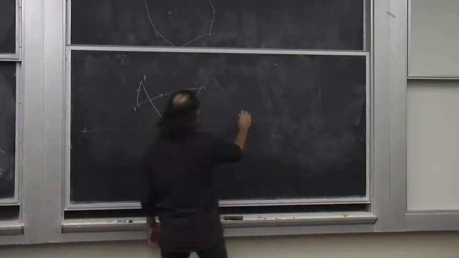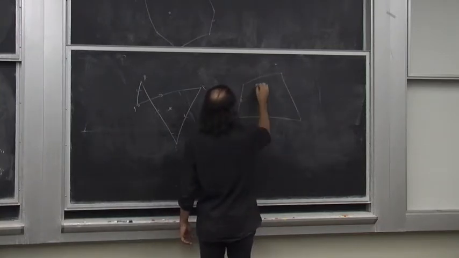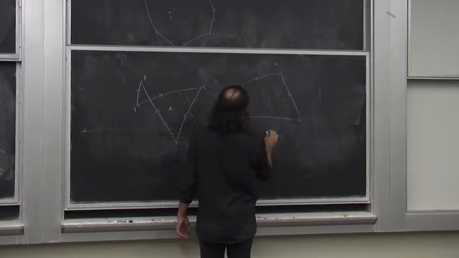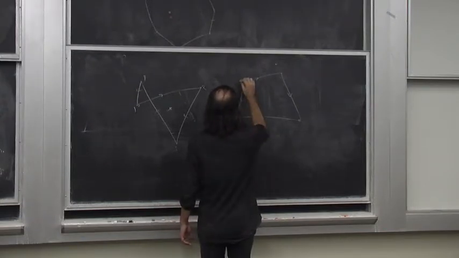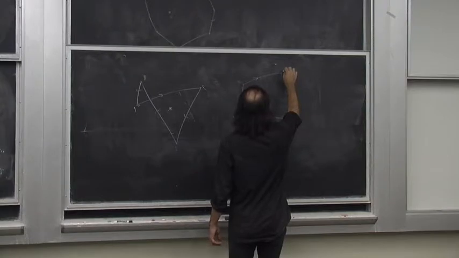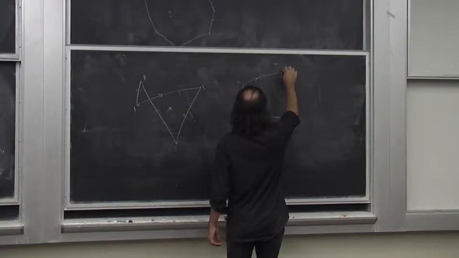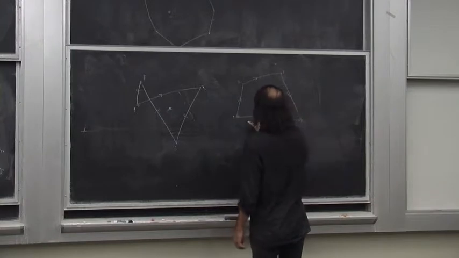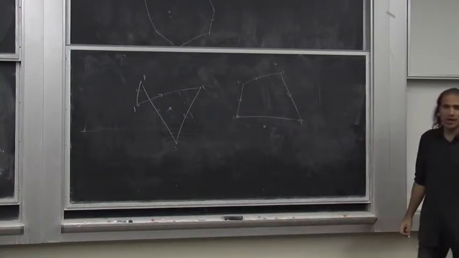But I could also have 1, 2, 3, 4 going differently: 1 to 2, 2 to 3, 3 to 4, and 1 to 4. They're all going around the same way.